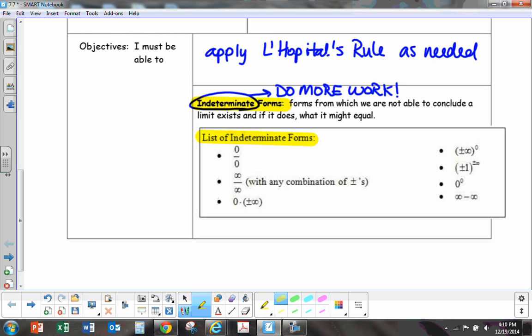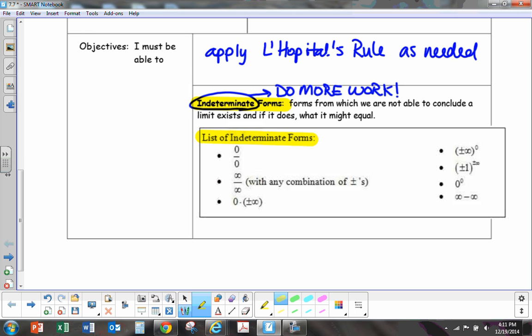We've talked about how 0 times 5 always equals 0. 0 times any constant number always equals 0. But similarly, 5 times infinity is still infinity. 10 times infinity is still infinity. Infinity times some constant number is always infinity. So when you pair those two together and you multiply them, 0 times infinity is indeterminate.